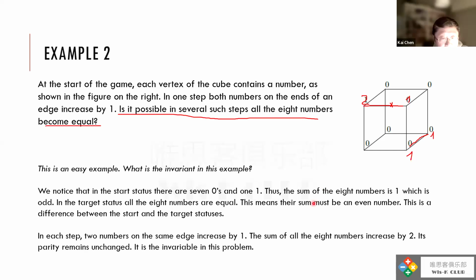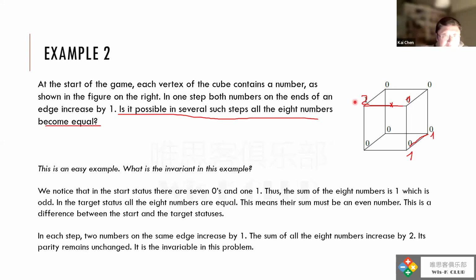And we see in this case, when we add the numbers on an edge, the total will increase by 2, because each endpoint is increased by 1. So if we focus on the sum of the 8 vertices, it will increase by 2.